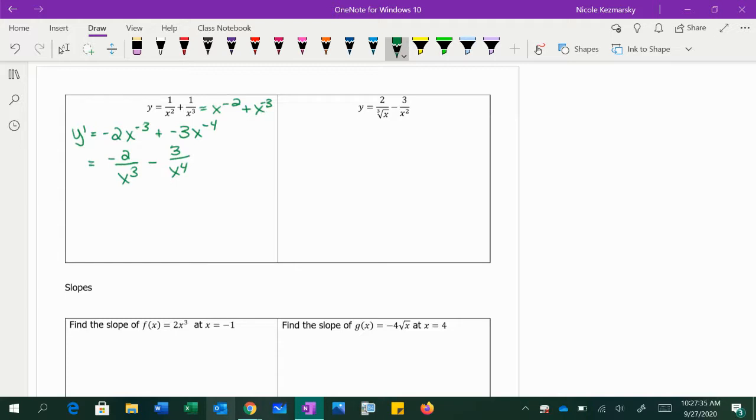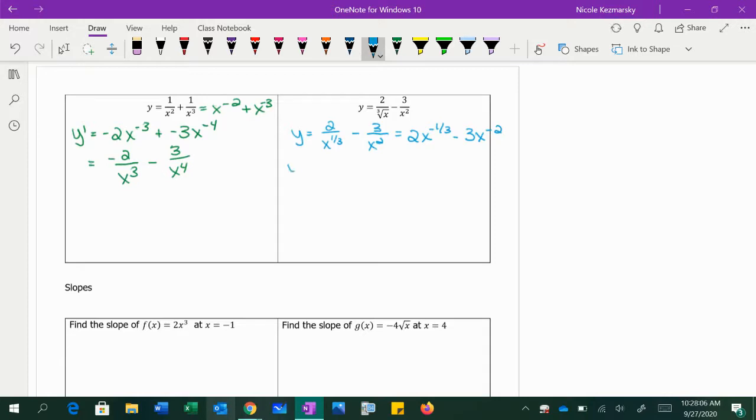All right, and then the last one that has a little bit of everything, I'm going to rewrite. So I'm going to say y equals 2 over x to the 1/3 minus 3 over x squared. Then I'm going to move those x's to the top. So 2x to the -1/3 minus 3x to the -2.